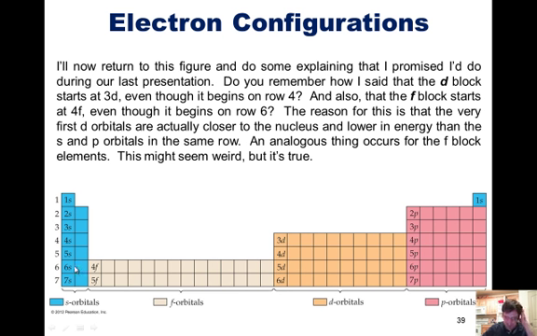Now, the reason for this is because the very first d orbitals here are actually closer to the nucleus and lower in energy than the s and p orbitals that are found in the same row. That's the reason why the first row of d orbitals are actually at an energy 3 level, one level more stable than the s and p orbitals in the same row. An analogous thing occurs for the F block elements here. This might seem super weird, but it's totally true.